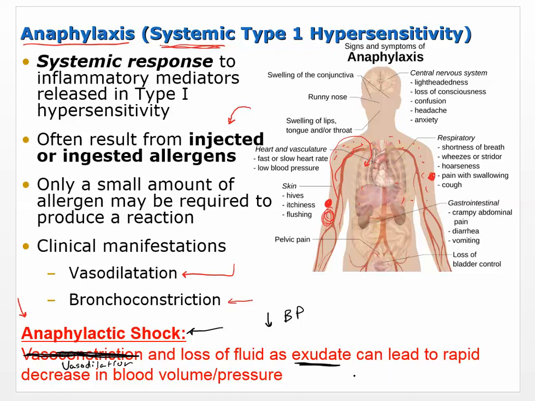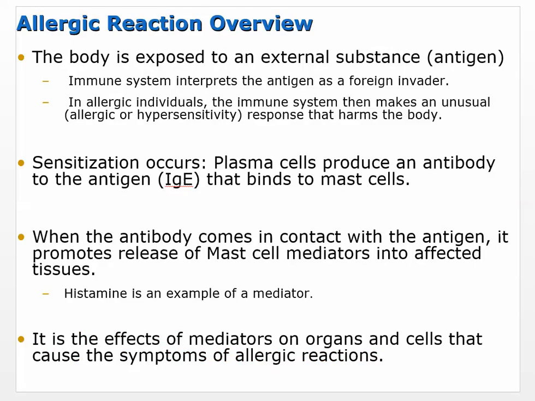Not only are you giving the blood much more room, which is going to lower the blood pressure, but you're also allowing some of it to leave. So that's what's going to create the shock, and shock can be life-threatening, because then it can cause other cardiac issues with trying to pump your blood. Some of the stuff we'll talk about when we talk about the cardiovascular system.